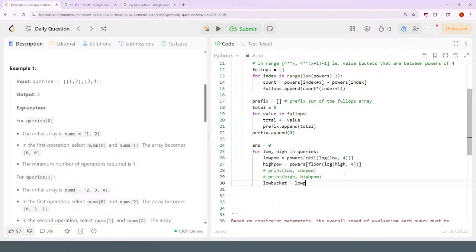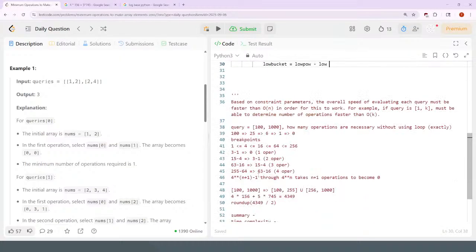The low pow minus the low value, so it could be like 1 minus 1. No, it's actually equal, right? Low pow minus low. If low pow is 1 and the low value is 1, then there's nothing in the 0 bucket.